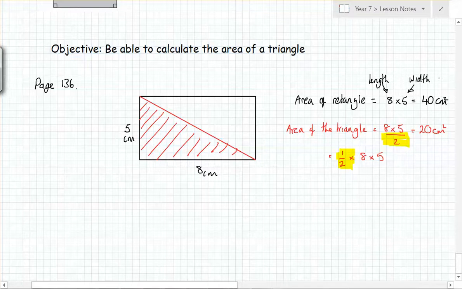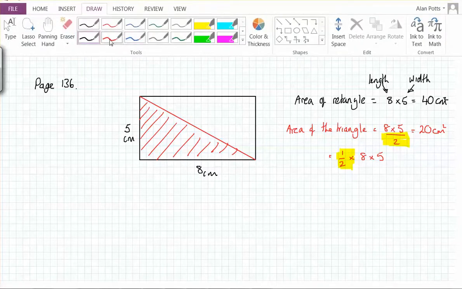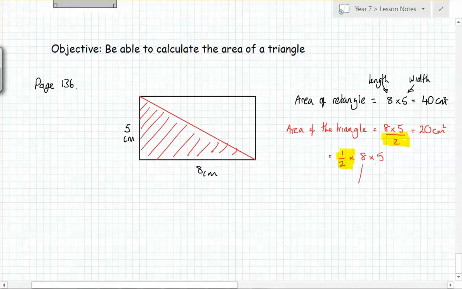Now we don't call that with the triangle. In the triangle, we call it the... Any ideas? Oh. Yeah. The base and the height. The base and the height from the book. Right, so the base and the height in this case.